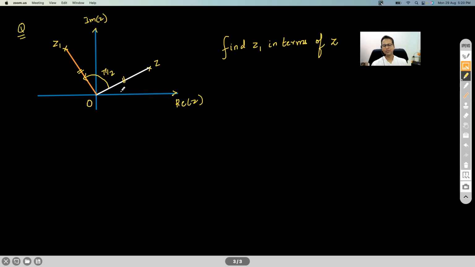Again I'll repeat, there is a complex number Z. I'm rotating this line OZ anti-clockwise by 90 degrees, so that Z now comes to a new position Z1. But mind you, when I'm rotating it by 90 degrees, I'm not changing this length. So what is this complex number Z1?